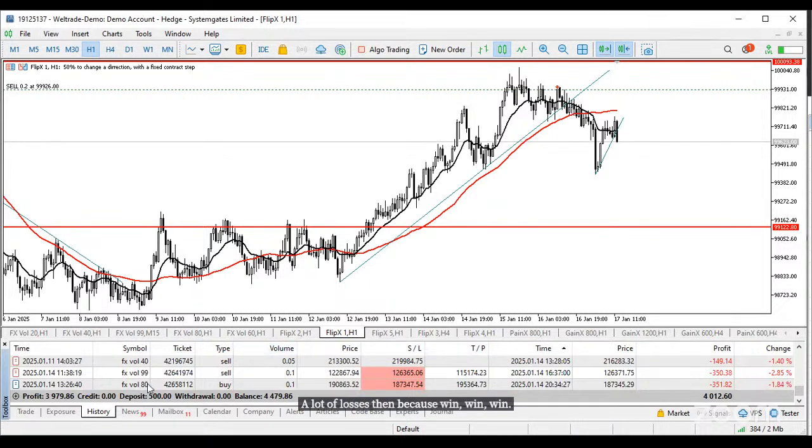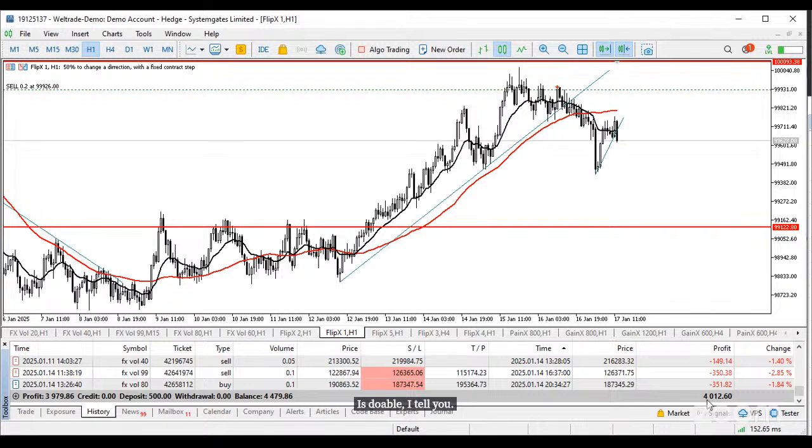So at the end of the day, I have a profit on the $500 account. Over 1 month, I have made $4,000 on this account. 5 on 500 is doable, I tell you.